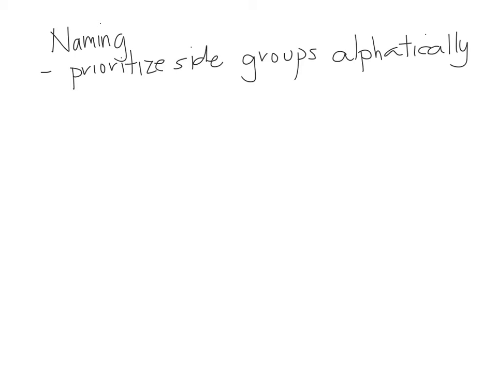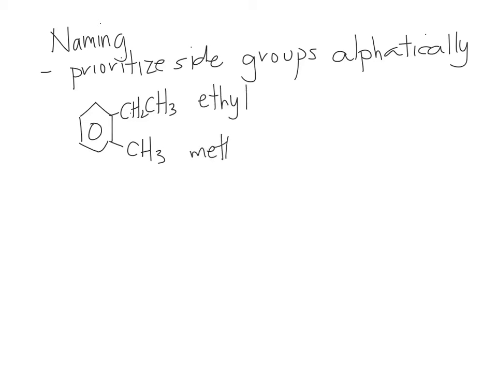And then you number from there, giving the lowest possible numbers. So if we have a benzene ring and we have an ethyl group and a methyl group, ethyl comes first alphabetically. So we say that it's on carbon number 1, and therefore the methyl group is on carbon number 2. So this would be 1 ethyl, 2 methyl, benzene.